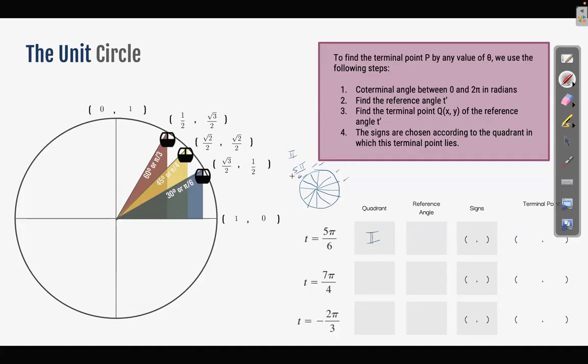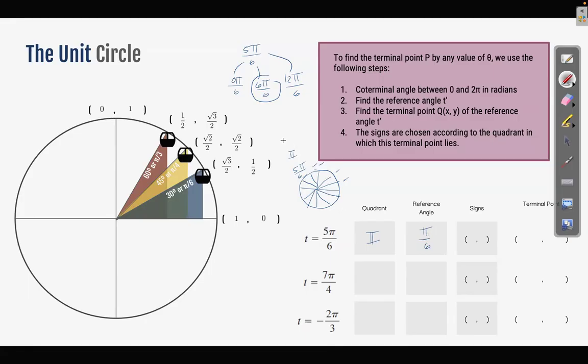The reference angle, since we have 5 pi over 6, you can either try to go for 0 pi over 6, 6 pi over 6, or 12 pi over 6. The closest base is 6 pi over 6, so that means that you are an angle of pi over 6 away from it.